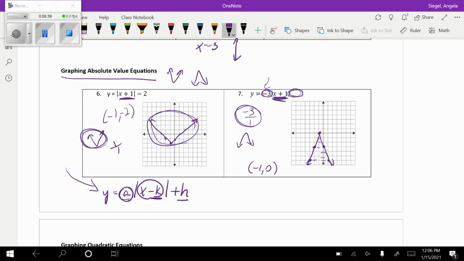I don't care about the negative; I'm just talking about 3, 4, 5, 6, 7. It just keeps getting skinnier and skinnier. If I have something like 1/3 or 1/8, that's going to keep getting fatter and fatter, or wider and wider.